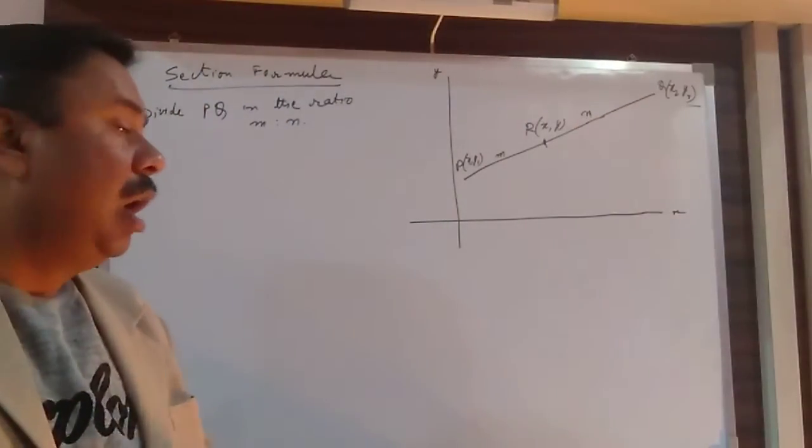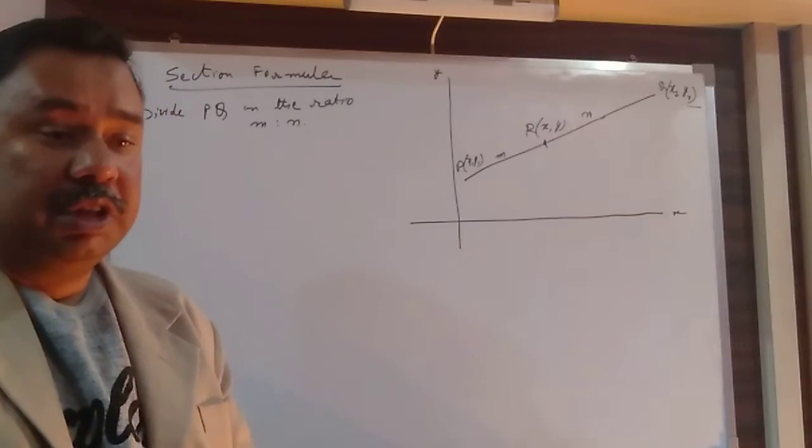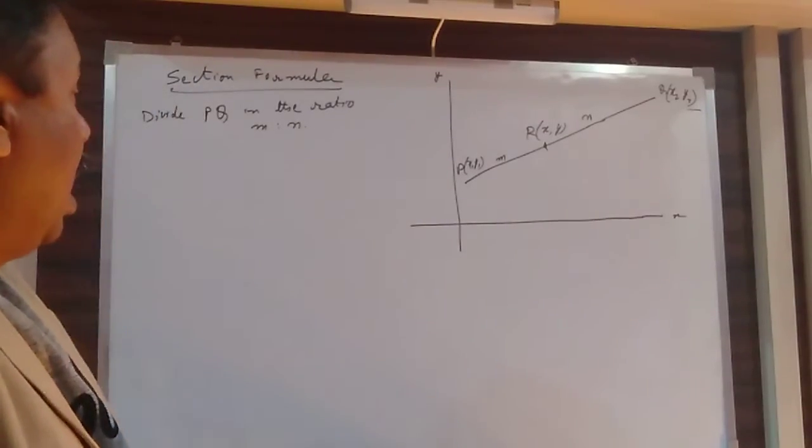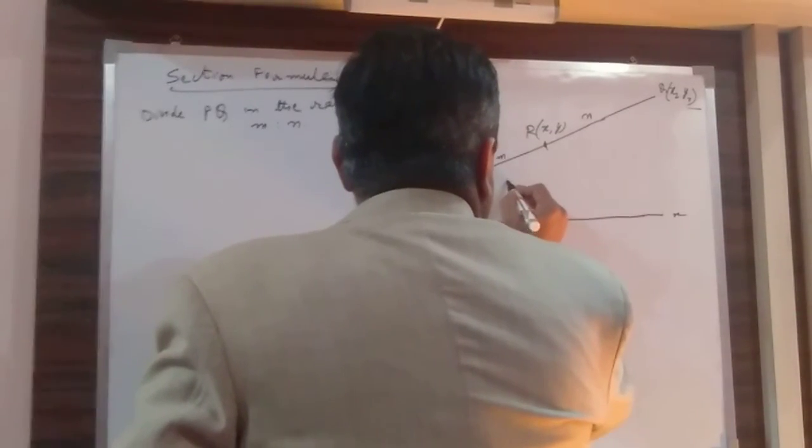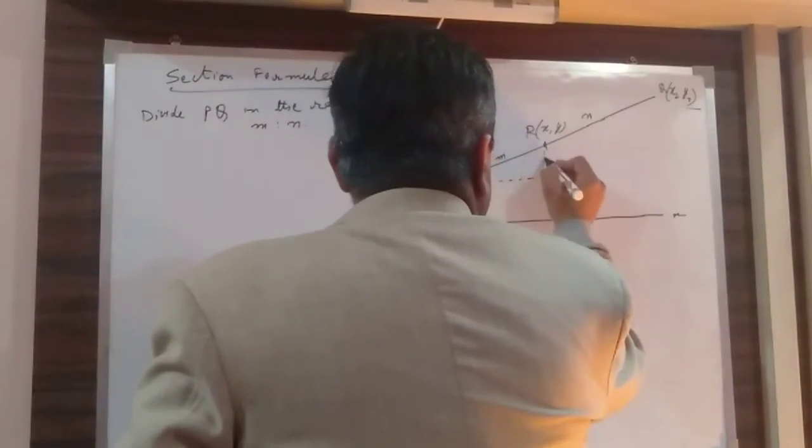Okay, now how can we do this? I will use a trick. I will make a line parallel and complete the right triangle here.